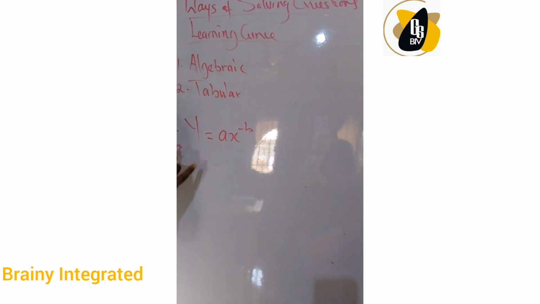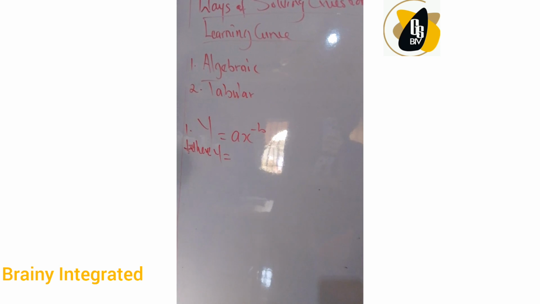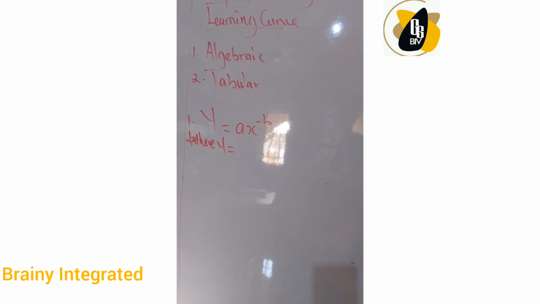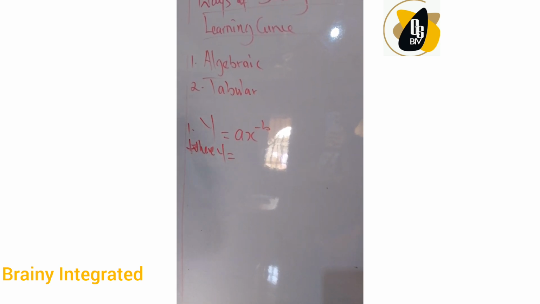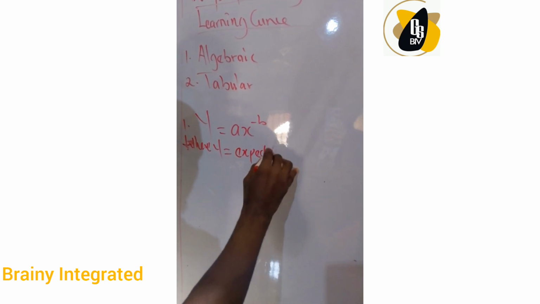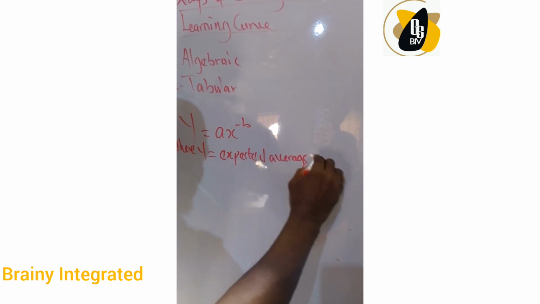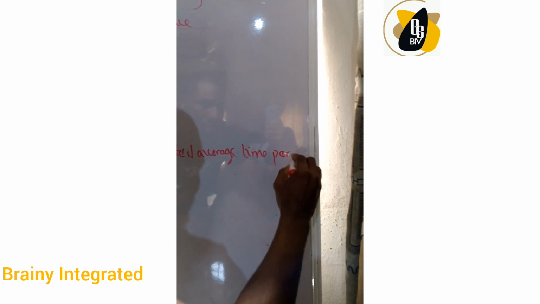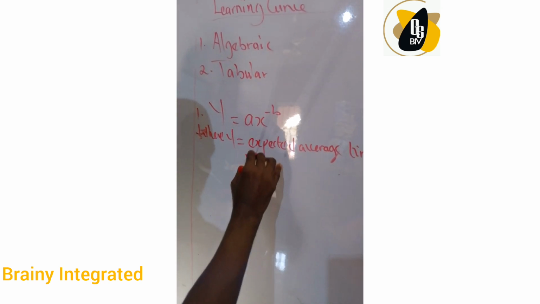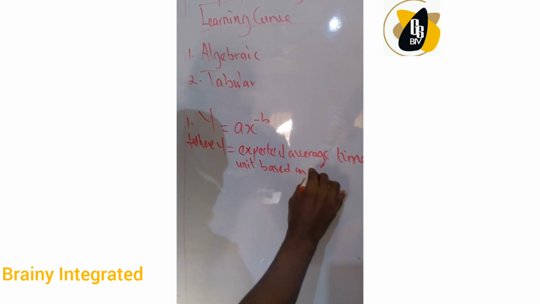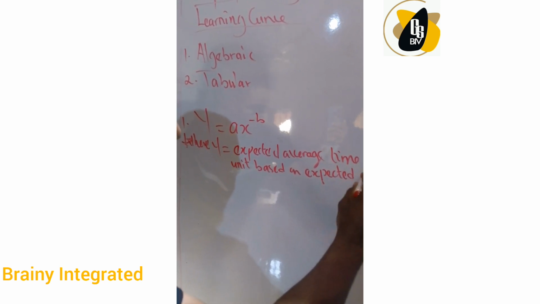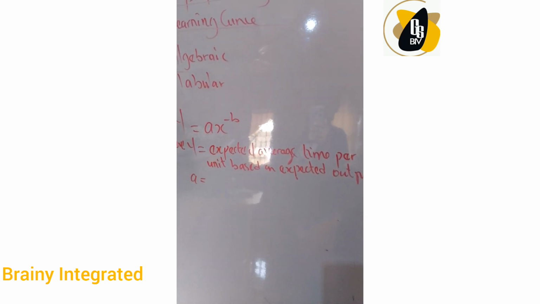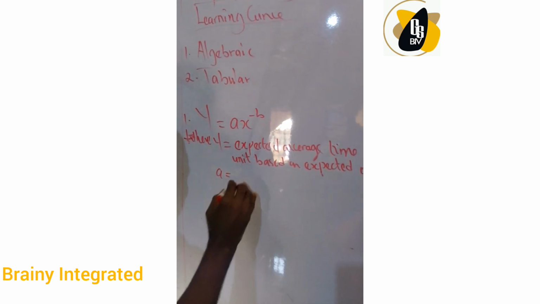A is the average time per unit spent on the first batch.